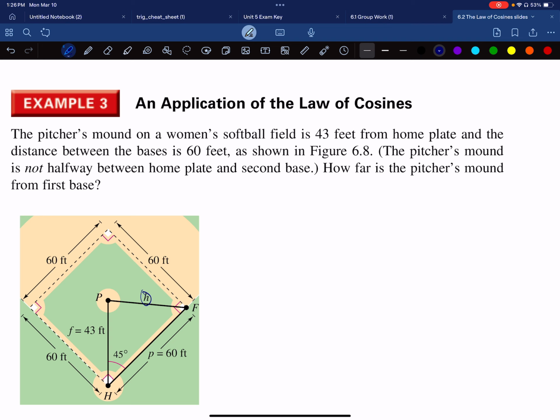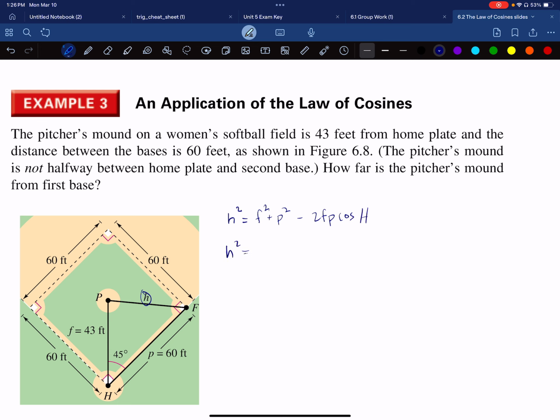So we're going to use the kind of original format of the law of cosines rather than the alternate format that we use when we're trying to solve for a side. All right, so I'm trying to solve for h, so I want to use the form of h squared equals, now in this case, it would be f squared plus p squared minus 2fp cosine of the angle between f and p, which is angle h, right?